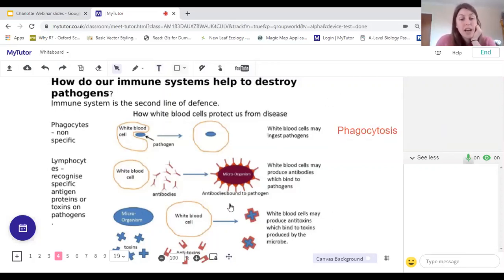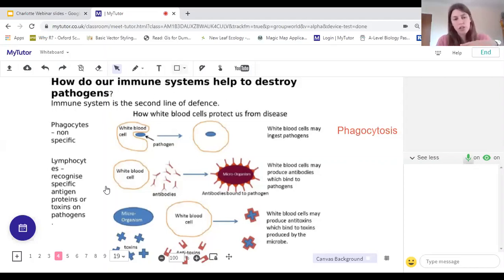Then we have lymphocytes. Lymphocytes are white blood cells that produce antibodies. They recognize proteins called antigens that are on the pathogen. They recognize those antigen proteins and go, well, this one shouldn't be here. That bacteria shouldn't be here.